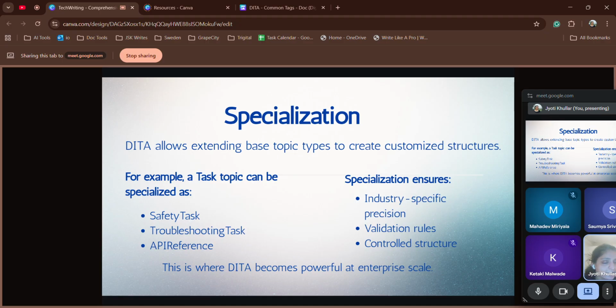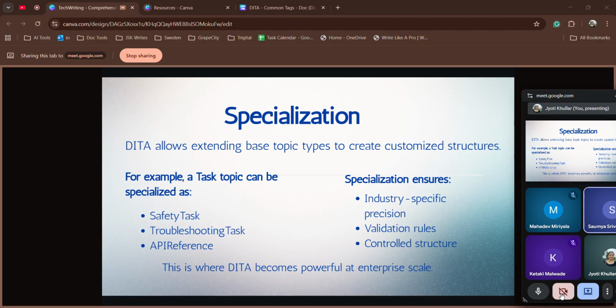Anything you want to ask about specialization or any other topic that we did just now? Okay, tell me, are you understanding? What are we talking about? I think I didn't understand the specialization part a little.